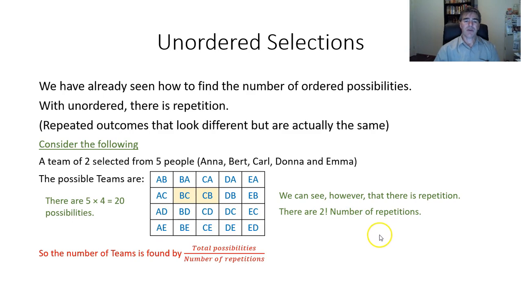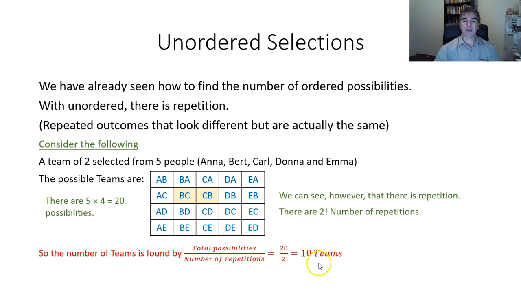Okay, so to determine the number of teams that are found, we would want to look at all these 20 different possibilities and divide that by the number of repetitions. So there are 20 different possibilities, and we actually have 20 over 2, because 2 factorial ends up being 2 in that denominator anyway.